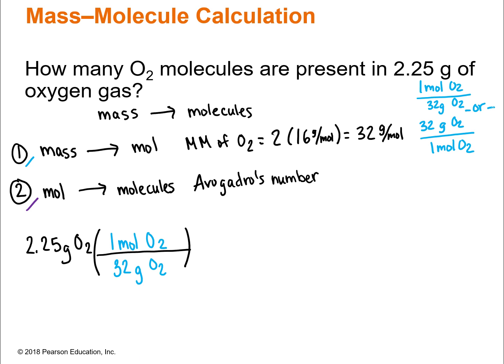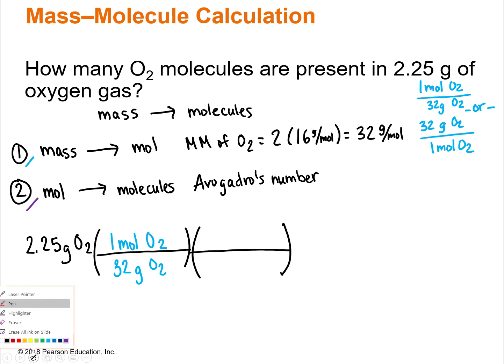And now we've got moles of oxygen. Now we're converting moles to molecules. Where am I going to put Avogadro's number?